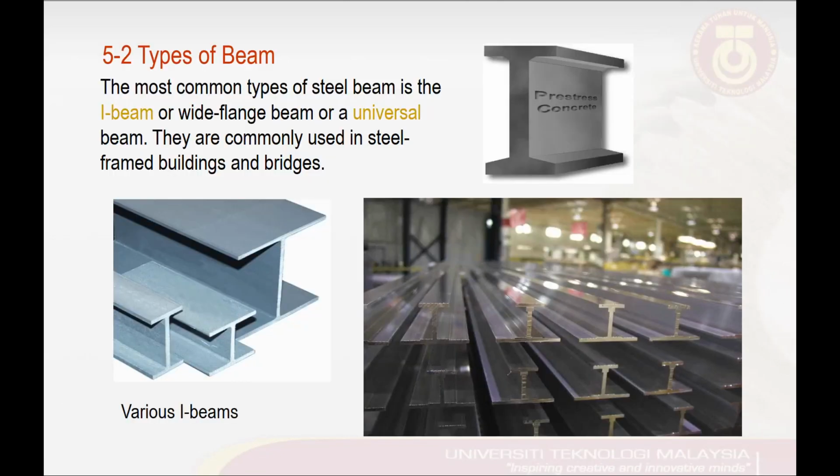Beams can actually be found in any shape, and the most common type of beam is the I letter shape. So this is an example of a beam with the I letter shape.